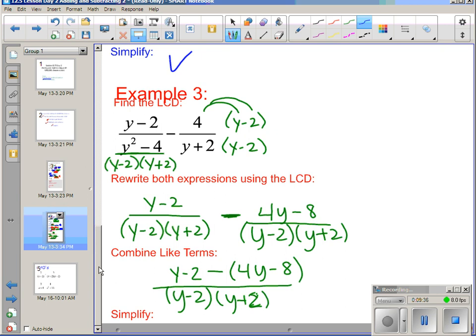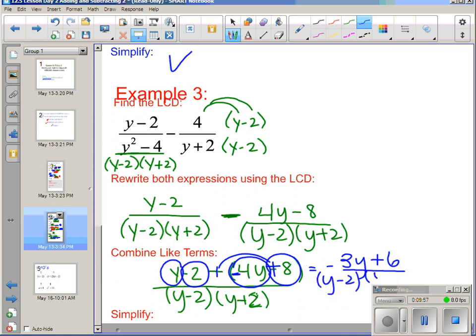Well, if I'm subtracting those, this is really going to be a negative. And if I distribute that, that negative and negative is going to turn it to a positive. So I'm really doing y minus 4y, which is a negative 3y. And then I'm doing a negative 2 plus 8, which is a positive 6, all over y minus 2, y plus 2.